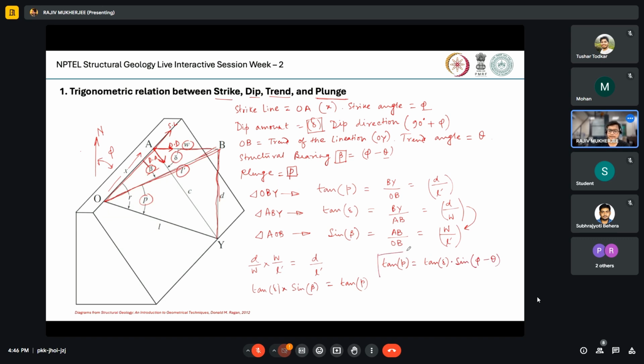So this is one trigonometric relation between the plunge amount, the dip amount, and this is strike, and this is the trend.